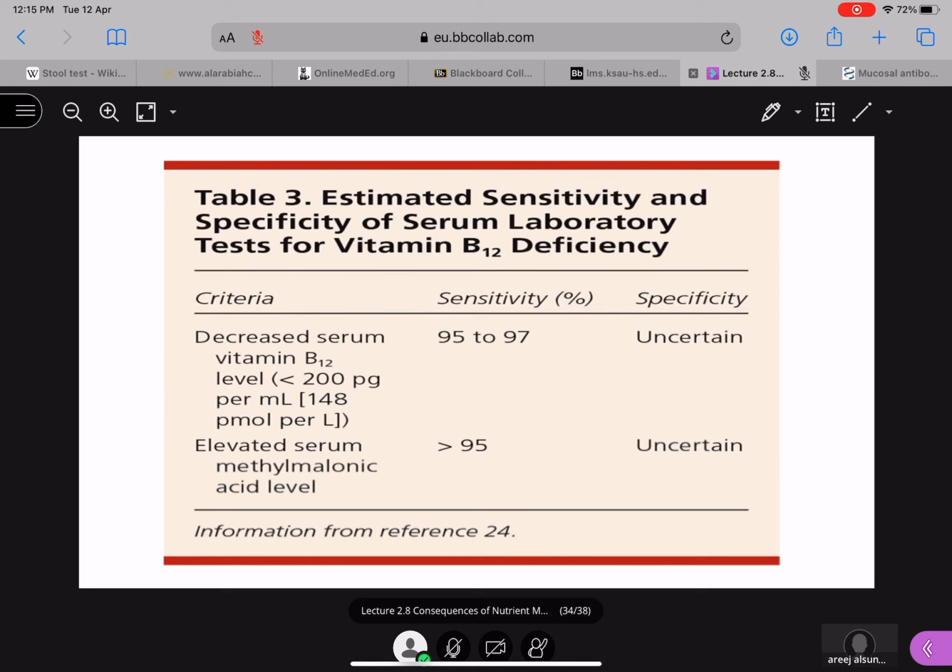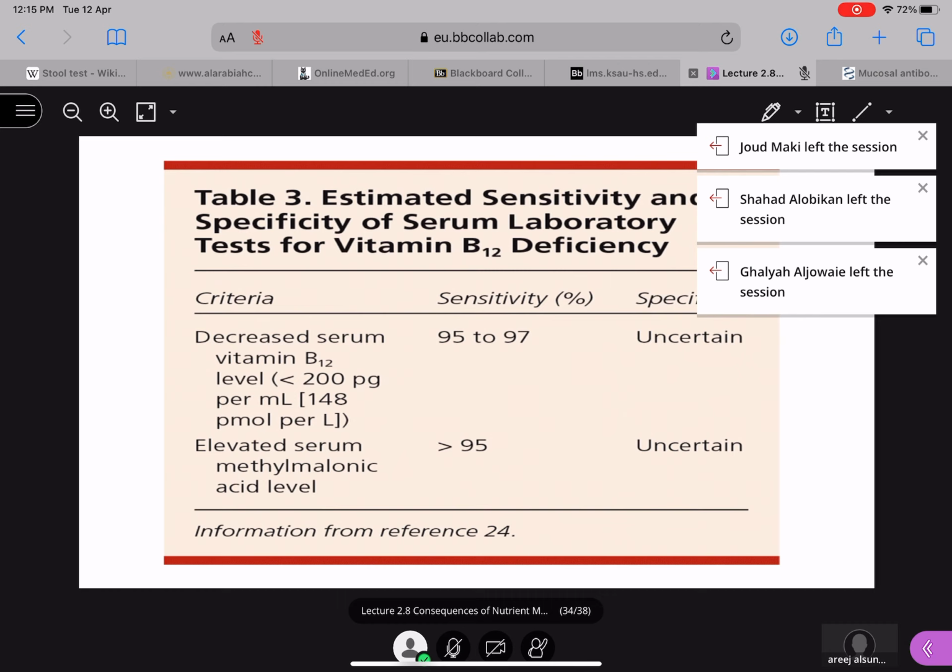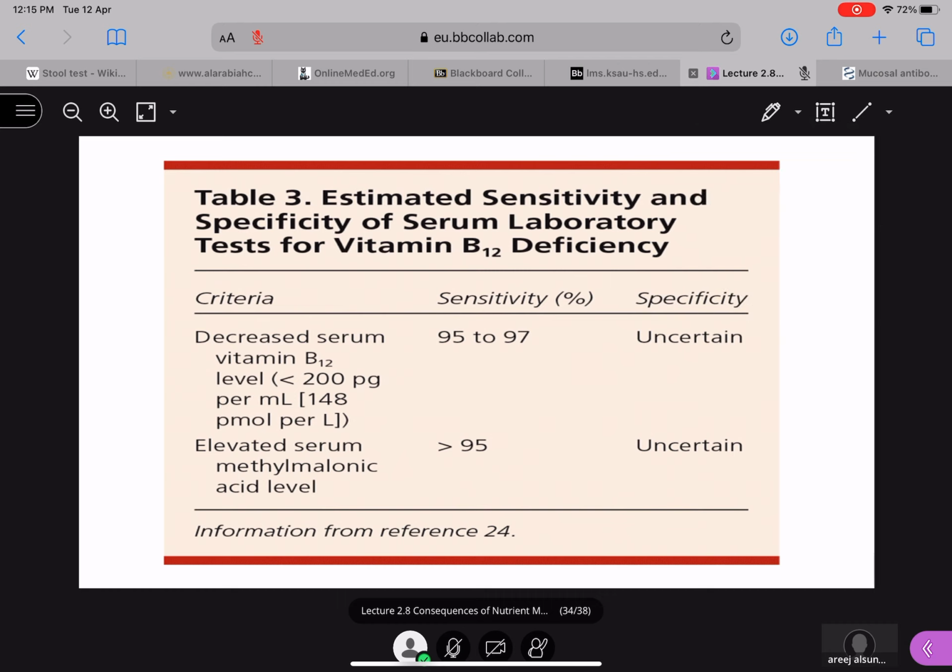So how do we diagnose B12 deficiency? A B12 level less than 200 has high sensitivity. However, if we want to increase this sensitivity, then we add methylmalonic acid, because when we don't have B12, there will be an increase in methylmalonic acid.